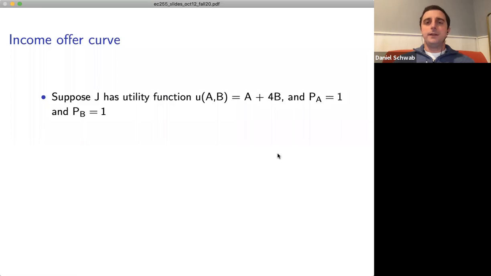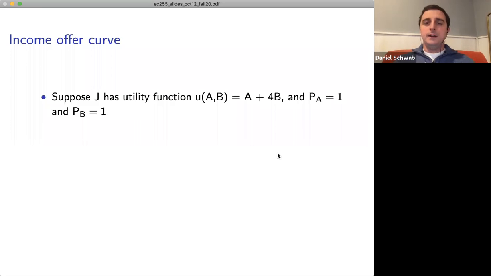Notice, by the way, that in a lot of our more complicated problems, the way that a person feels about apples and bananas depends on how many they have of each already. One thing we commonly see is, I've already got a lot of apples, so I'd like some bananas. Well, this person doesn't have any of that. An apple gives 1 utility, a banana gives 4 utility, and it doesn't matter what the currently existing bundle is that the person has.